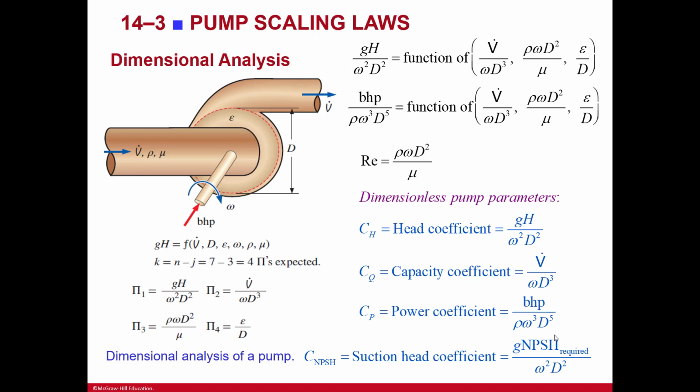So we do have pump scaling laws in a dimensional analysis, and you have these formulas here. And you have the head coefficient, the capacity coefficient, and the power coefficient, and those are all dimensionless pump parameters since each is a ratio.